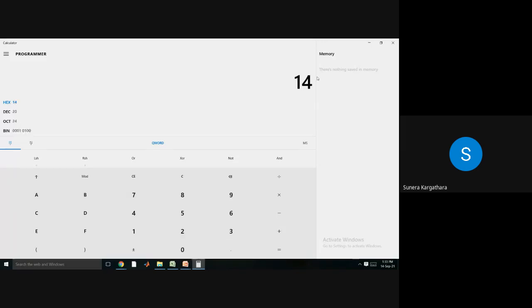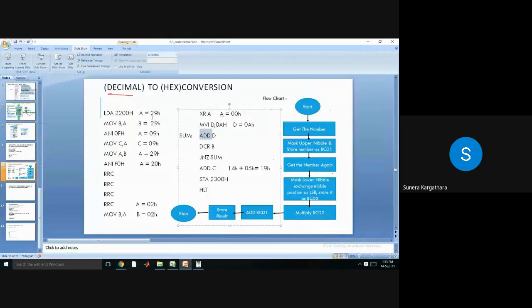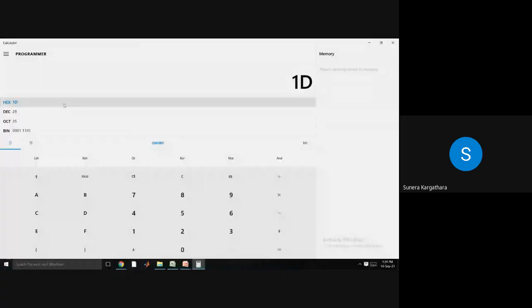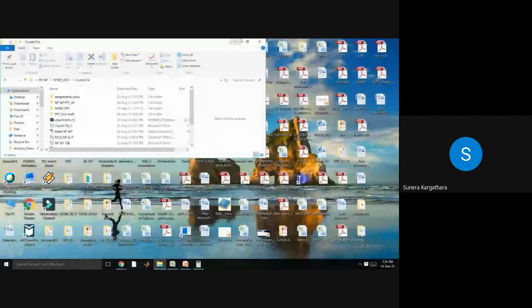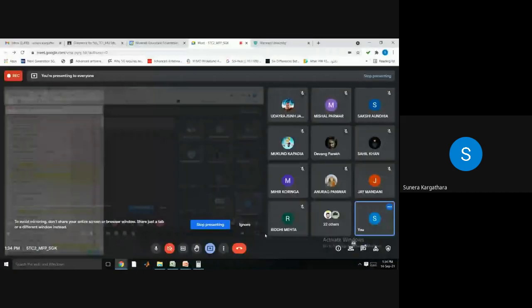Can you see here, student? 14. And to that, which number do I have to add? Whatever lower nibble was separated. So what is the lower nibble in the case of 29? My lower nibble is 9. So now if I add 9 into this, whatever the result of the addition is, we add it. The equivalent hexadecimal is 1D, right?